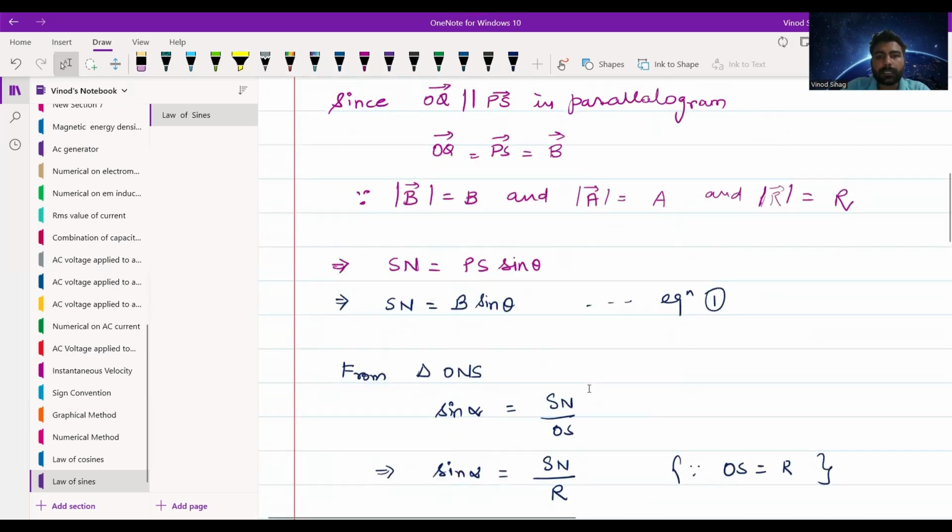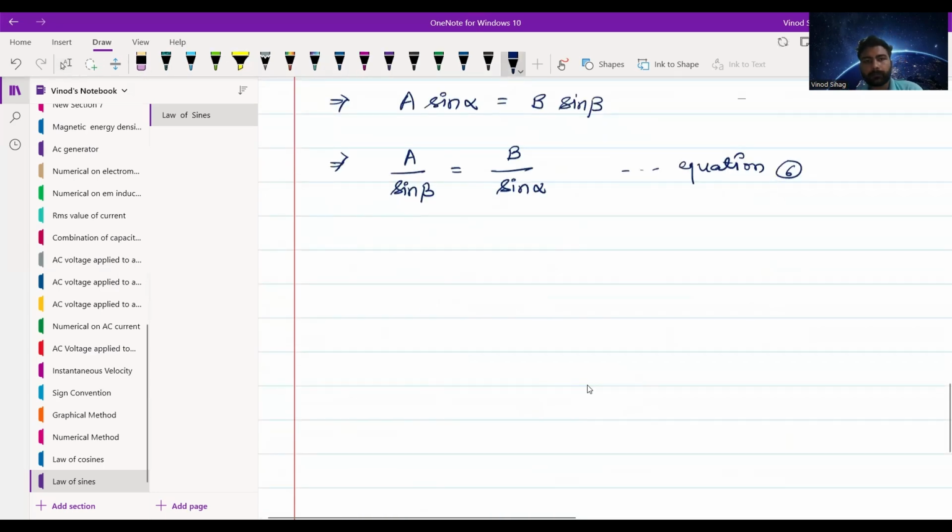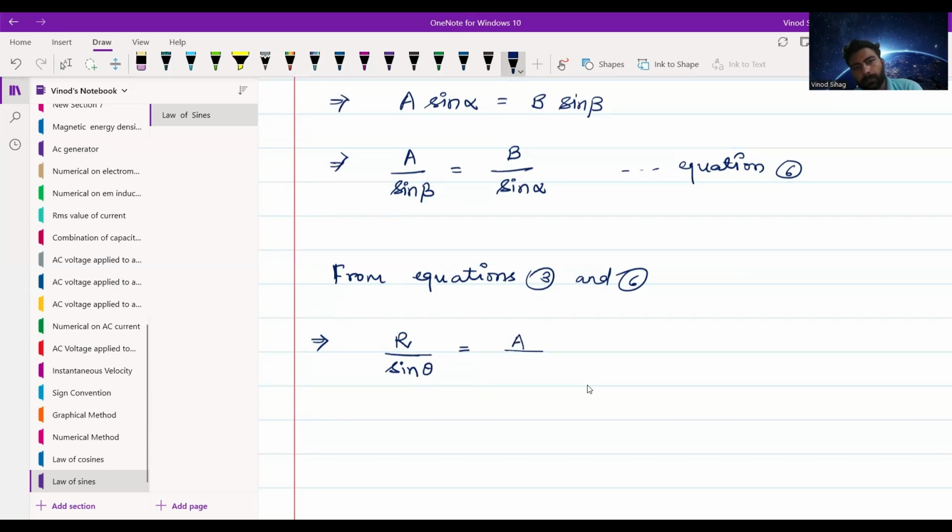So finally, from equations 3 and 6, we get R upon sine theta equals A upon sine beta equals B upon sine alpha.